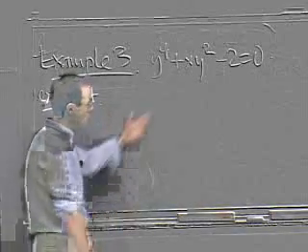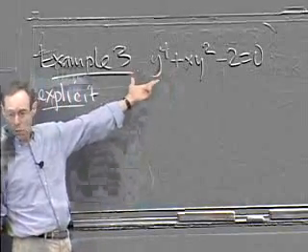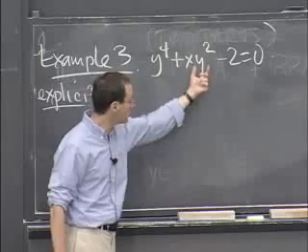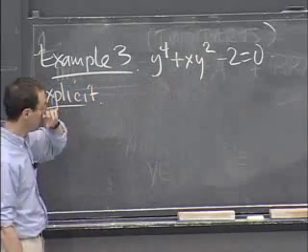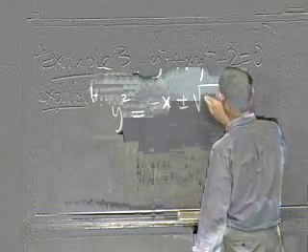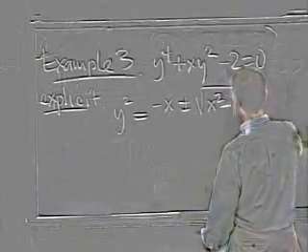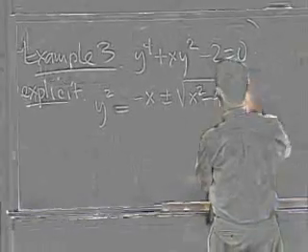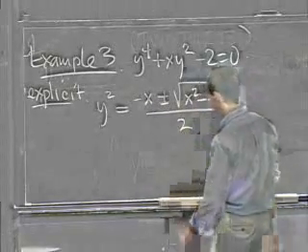So I'm going to use the quadratic formula, but on y squared. This is quadratic in y squared, because there's a fourth power and a second power, and the first and third powers are missing. So y squared is equal to minus x plus or minus the square root of x squared minus 4 times minus 2, divided by 2.